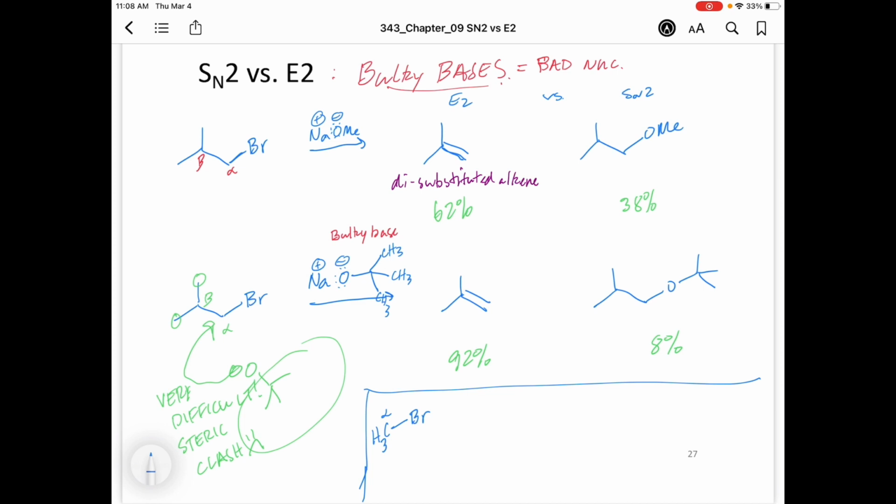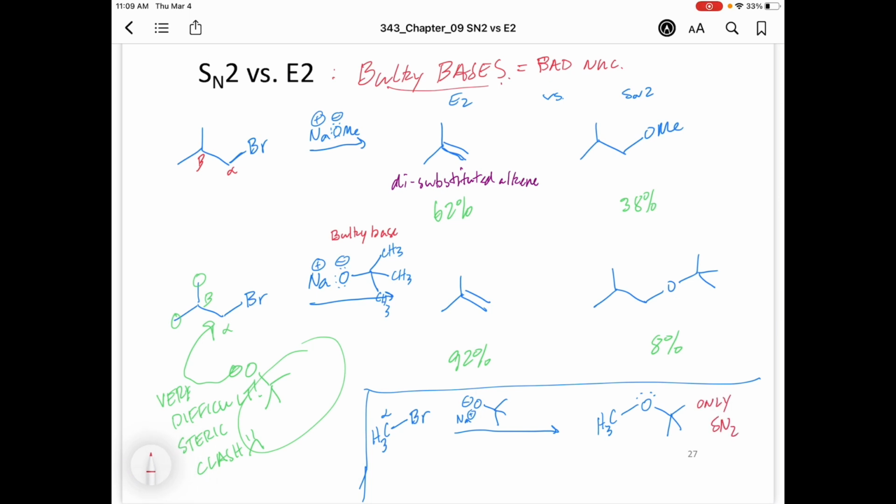So if we have a methyl here, and we use tert-butoxide, we can end up getting SN2. Now, right now, you're probably like, oh my gosh, there's so many little caveats, but I want to show you a quick way to see that you really can only get SN2, all right?